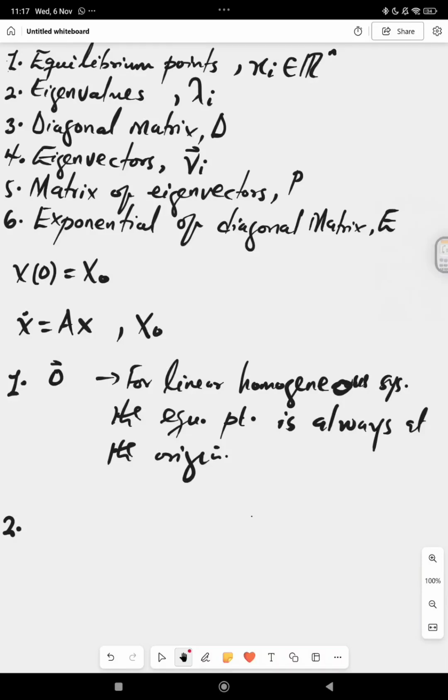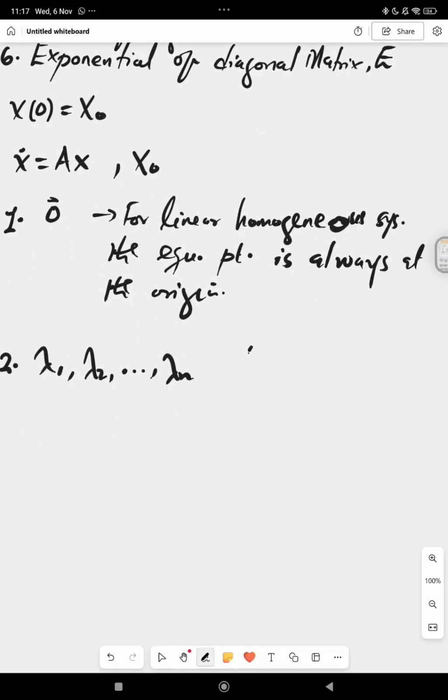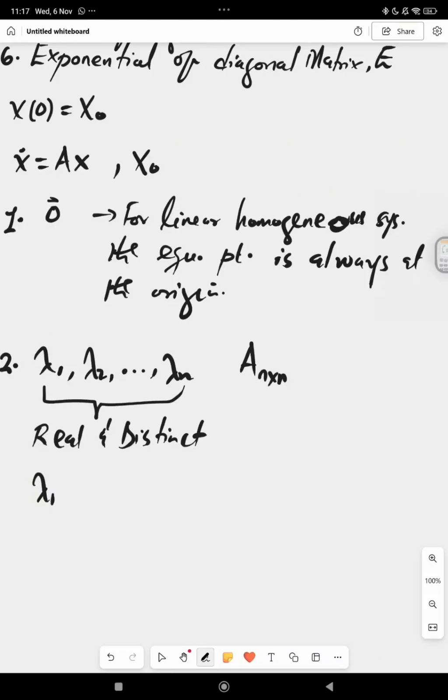So for diagonalization, suppose we have the eigenvalues lambda 1, lambda 2, up to lambda n, which we get from an n by n matrix A, and the eigenvalues are real and distinct, which means our lambda 1 is not equal to our lambda 2.